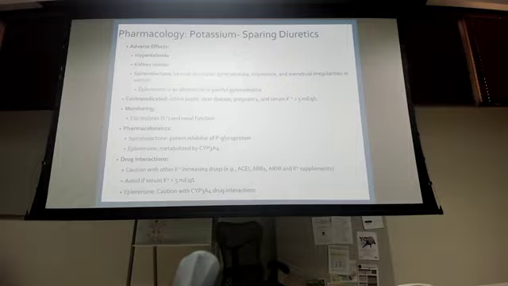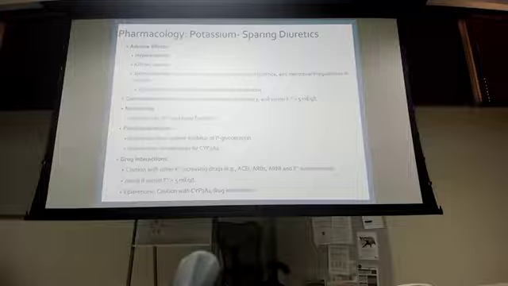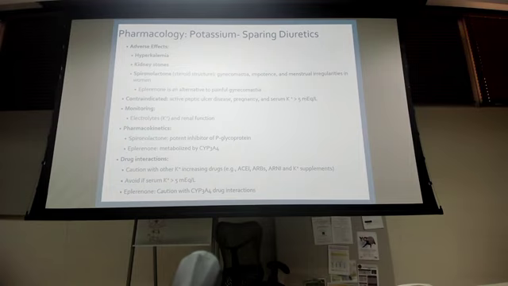Monitor. ACE, ARB, ARNI, and MRA are those combinations: either some from the A class, the ACE, ARB, or ARNI, then the MRA. We're worried about what? Potassium. Hyperkalemia risk.